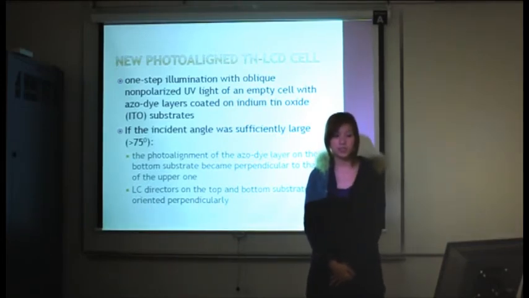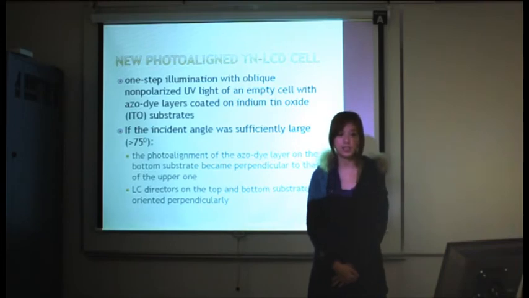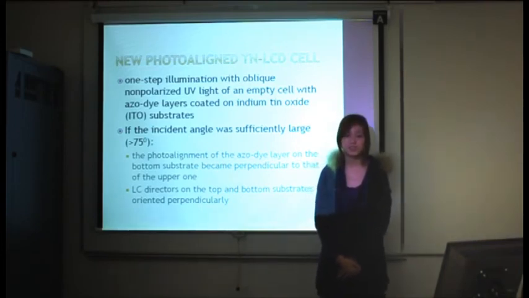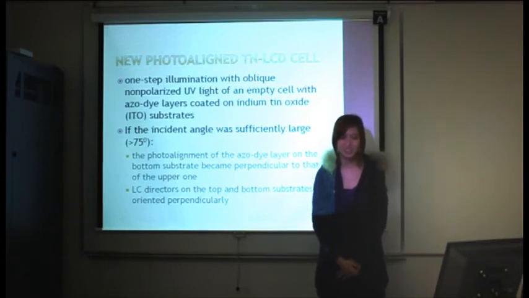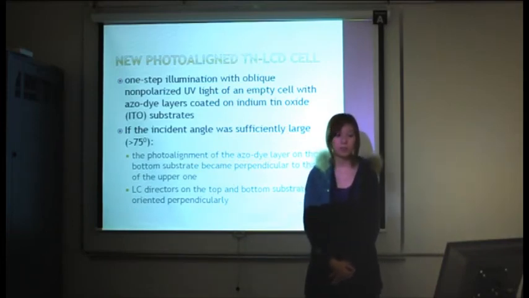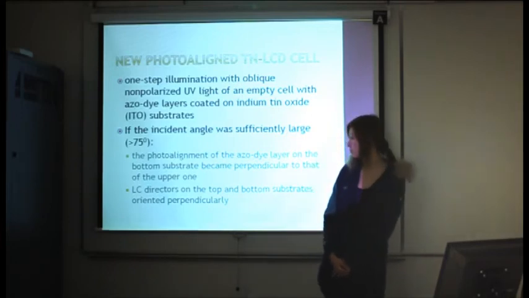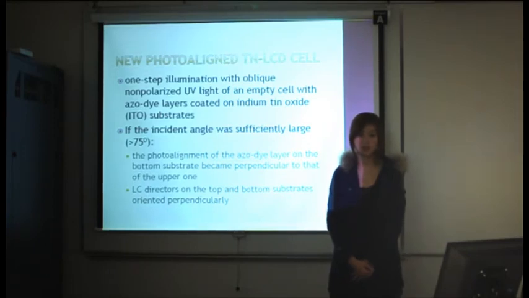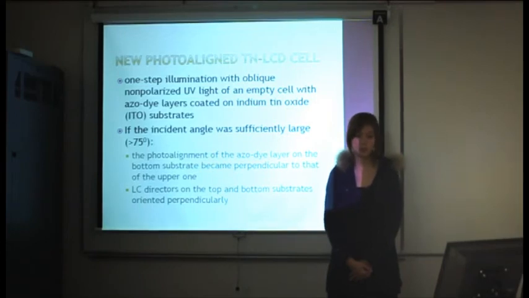If the incident angle is sufficiently large, which means larger than 75 degrees, the photo alignment of the azo dye layer on the bottom substrate becomes perpendicular to that of the upper one. And also, LC directors on the top and bottom substrates will orient perpendicularly.